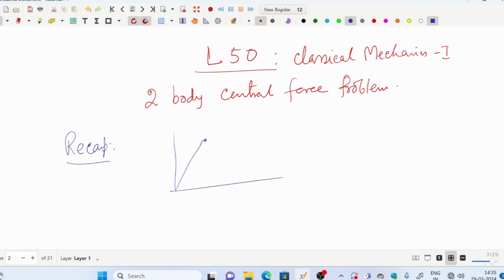Say this is my particle 1 at position vector r1, and this is my particle 2 at position vector r2.